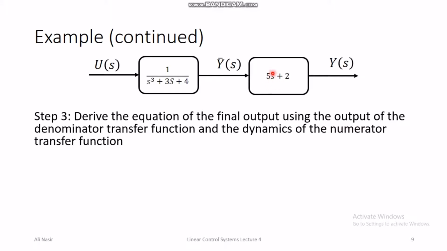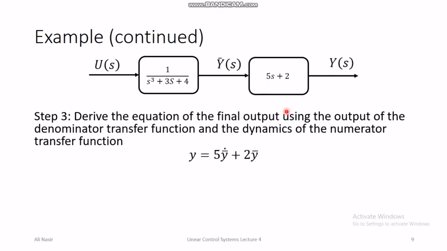Numerator is for the output, and denominator is for the input. So y, when y bar goes through this, will be equal to 5y bar dot plus 2y bar.